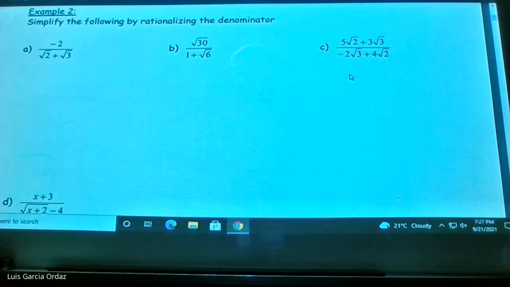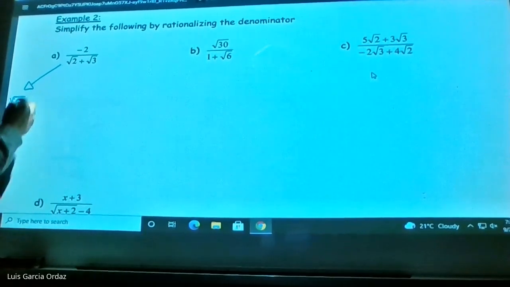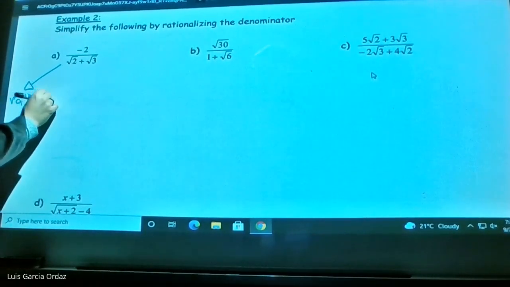So the first one is we want to simplify the following by rationalizing the denominator. The first one is negative 2 over root 2 plus root 3. In this case, we have our original as root a plus root b.